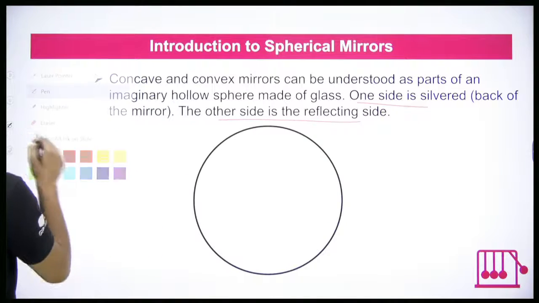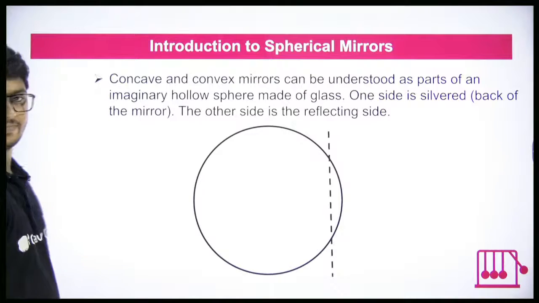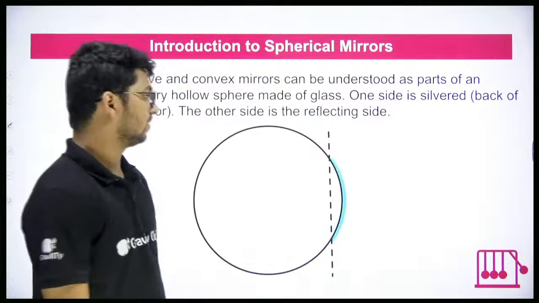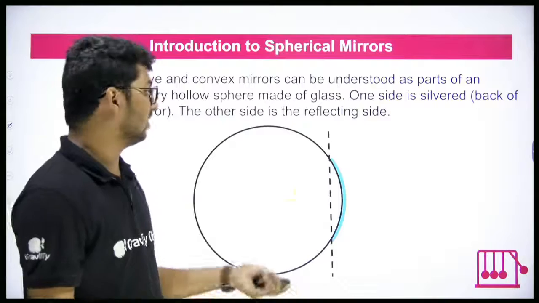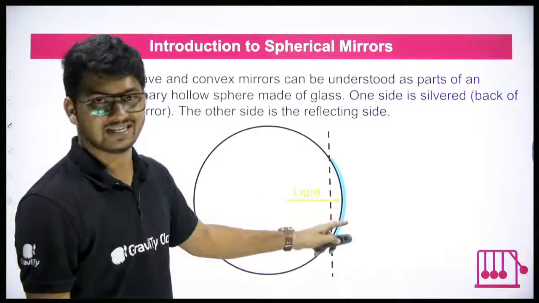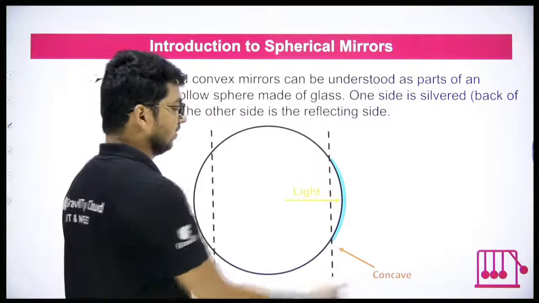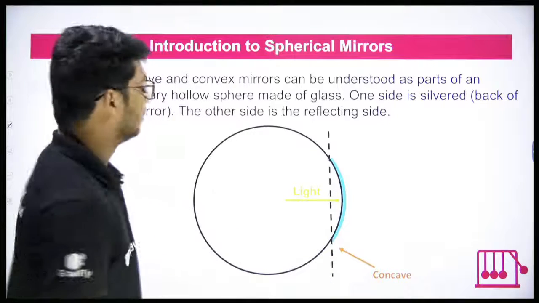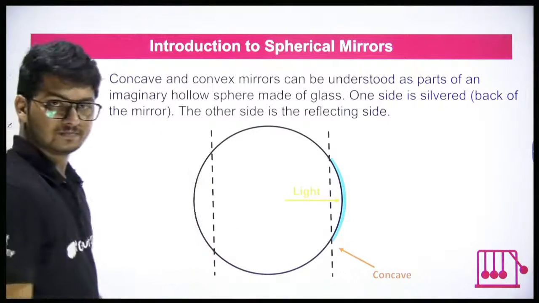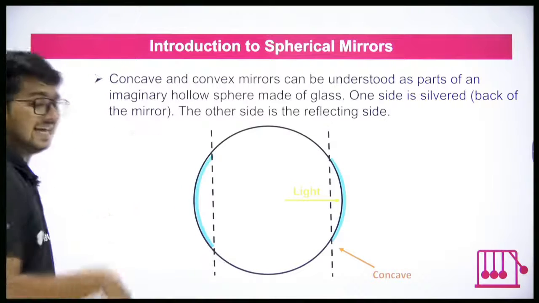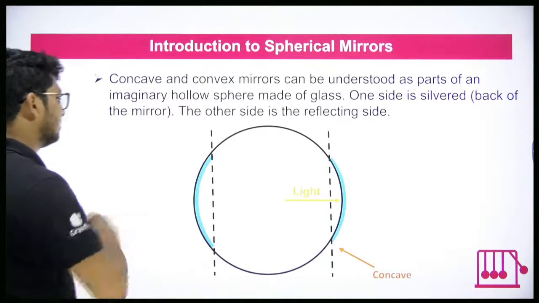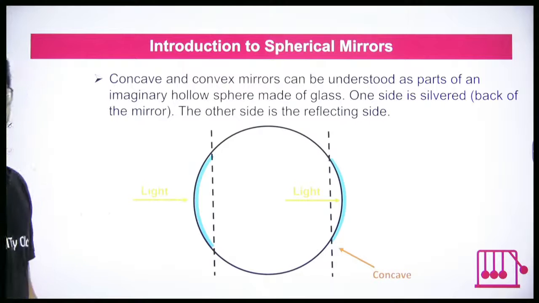See here? If we cut it here, the outside one is silvered, so light is falling on the reflecting side, which is the inside, concave, so it will be a concave mirror. But if I cut another part and silver the inside surface, the outside surface is reflecting and light falls on it.